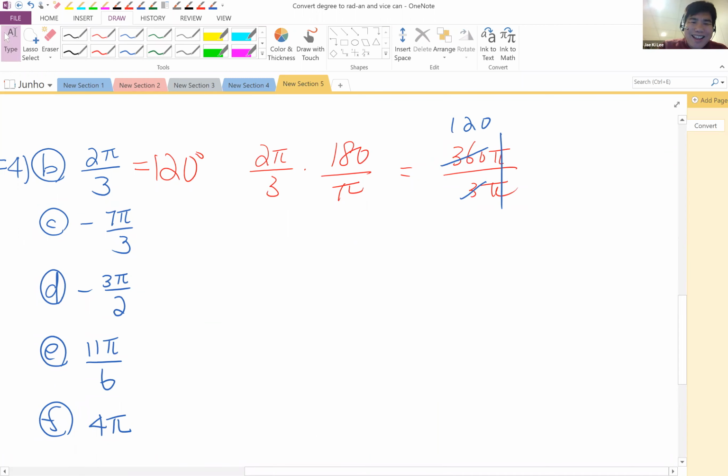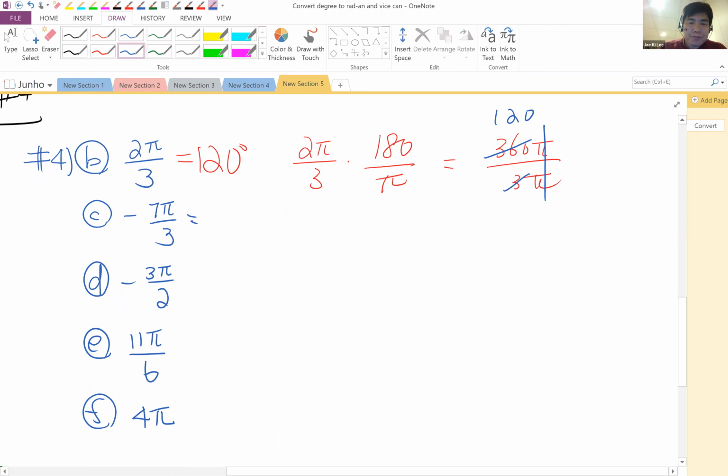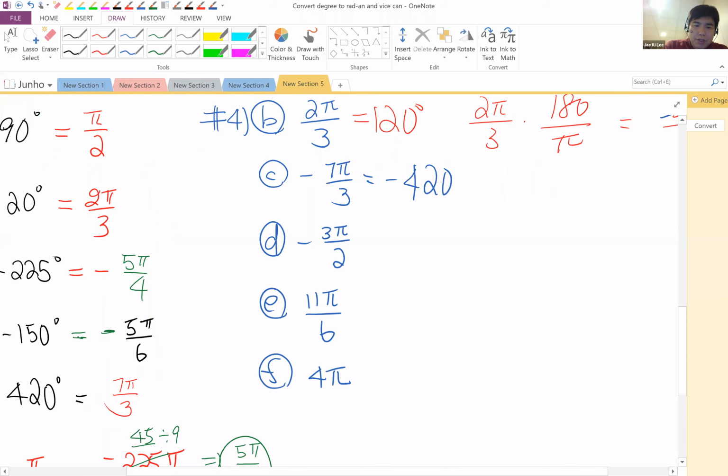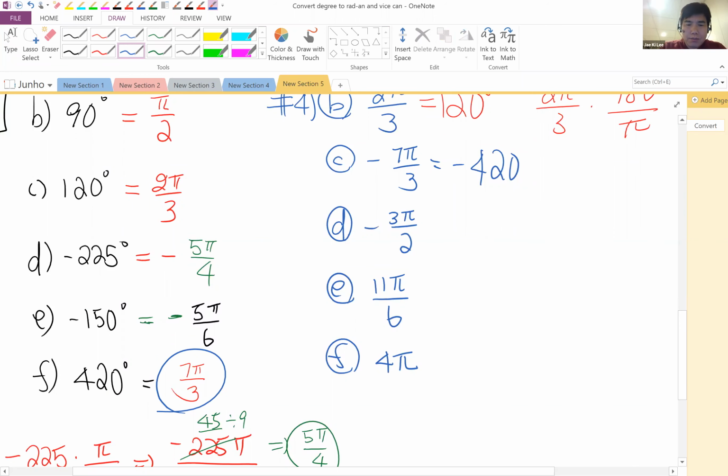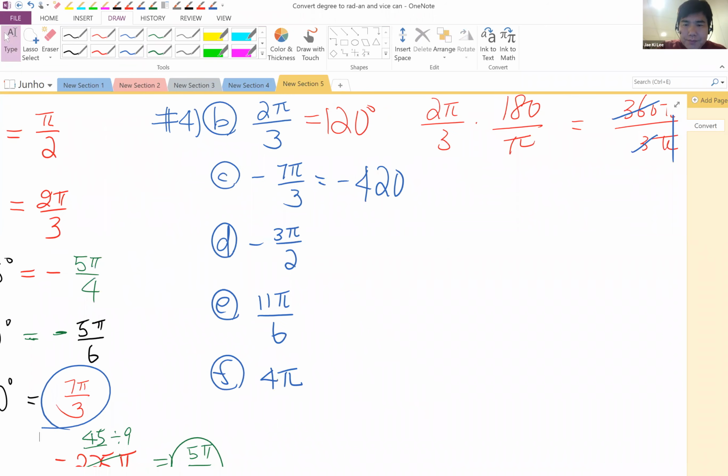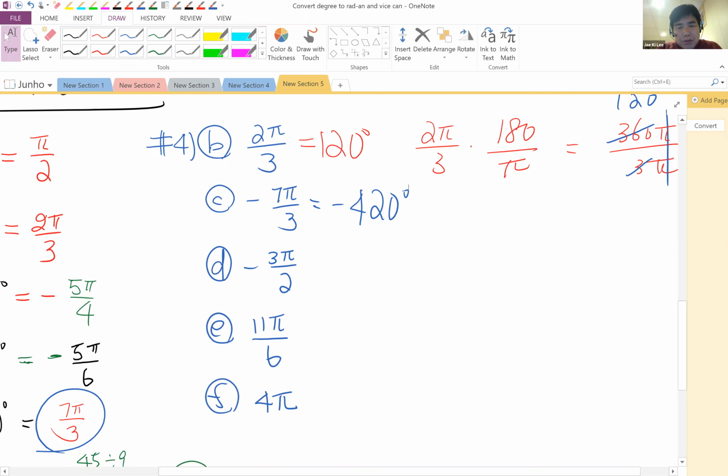What about negative 7 pi over 3? Negative 420, right? So we found it here already, so we can import the value here. What about negative 3 pi over 2?